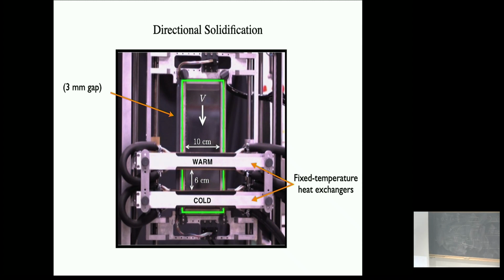Our cell here is about 40 centimeters tall, but the active region is 10 centimeters across. In these experiments I'm going to show you 6 centimeters between the heat exchangers, and the gap between the glass plates at the front and back of the cell is about 3 millimeters. We're going to fill this with salt solution and start to freeze it.